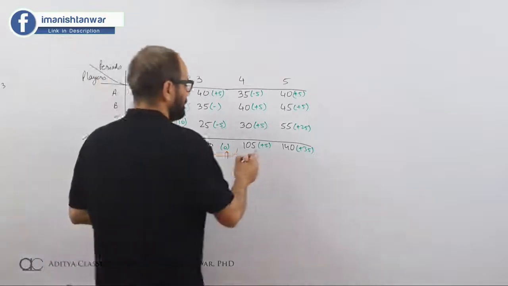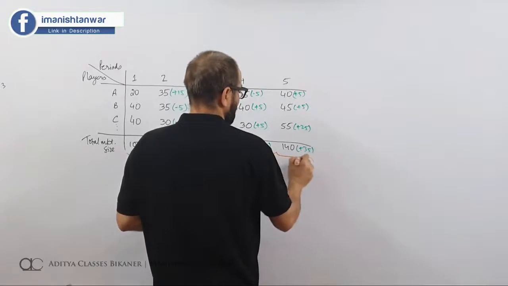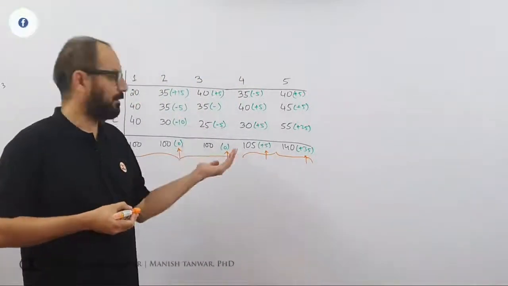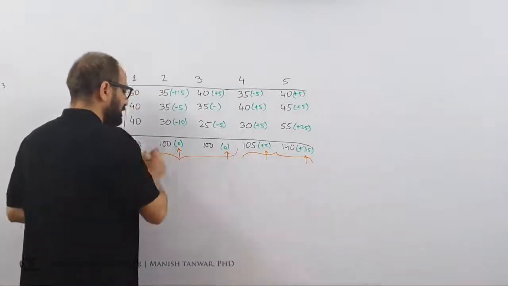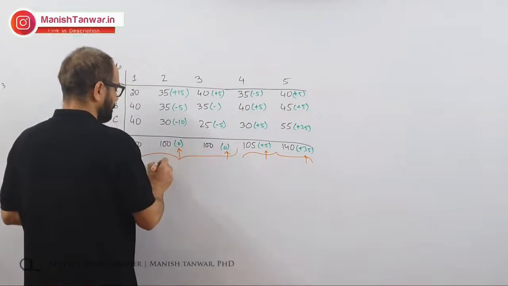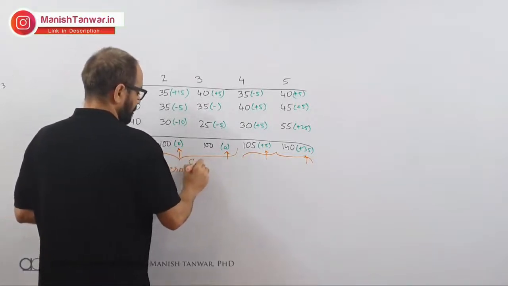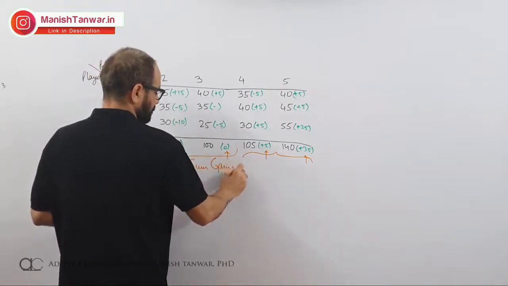While if we have a look at these scenarios, the transitions are not 0. In one case it is plus 5, in one case it is 35. So, whenever the transitions are 0, we call it a zero-sum game.